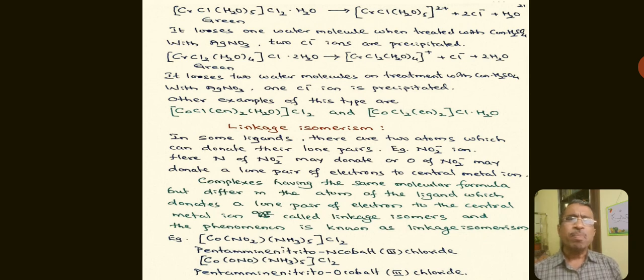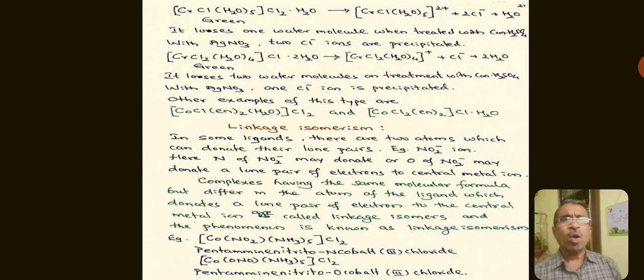The third example is tetraaquadichlorochromium(III) chloride dihydrate. This in solution gives the tetraaquadichlorochromium(III) ion, chloride ion and 2 water molecules.